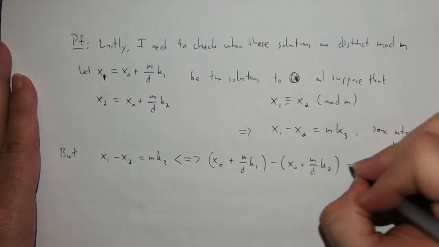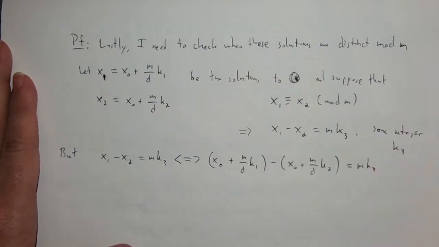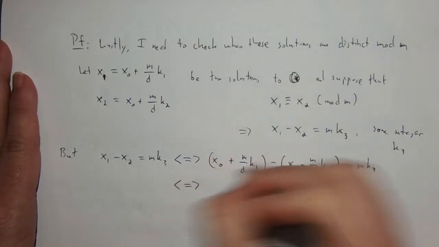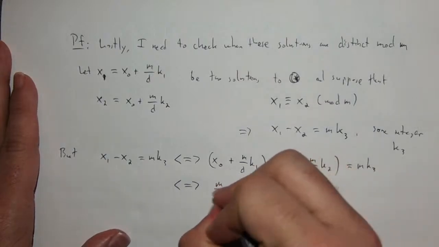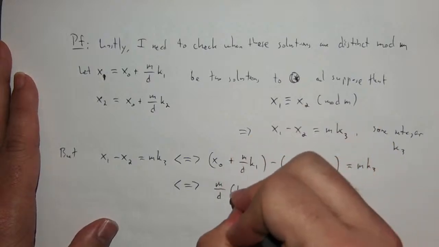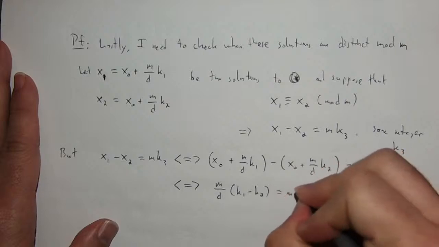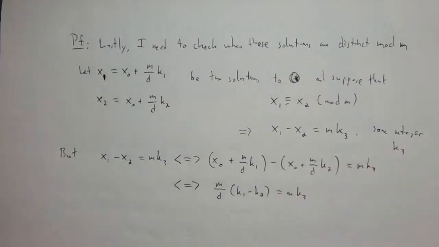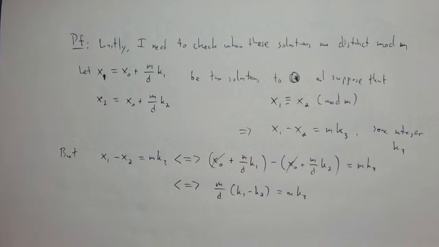And that has to be equal to some multiple of m times k sub 3. Okay, so doing this subtraction, what do I get? I get m over d times k sub 1 minus k sub 2 is equal to m times k sub 3. Right, the x naughts cancel here, and this factors in that way.